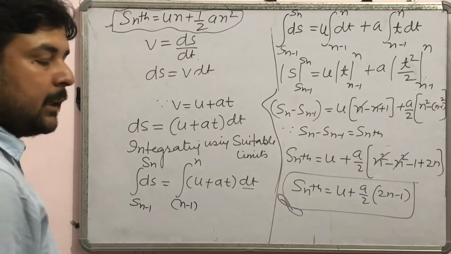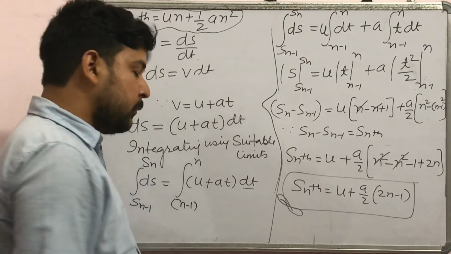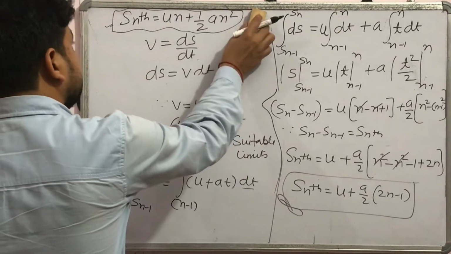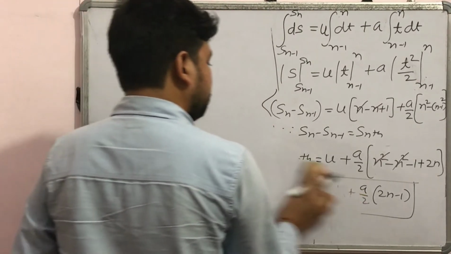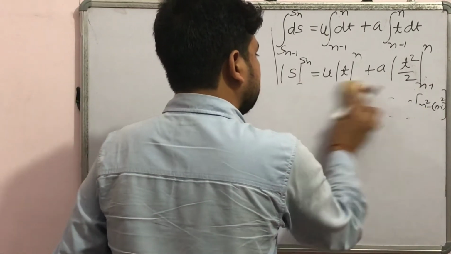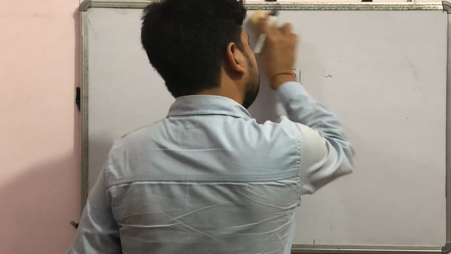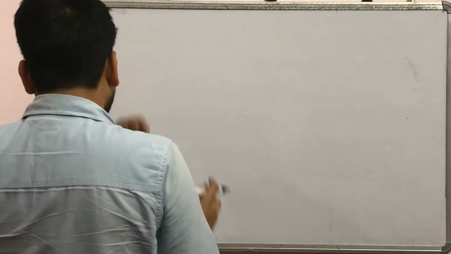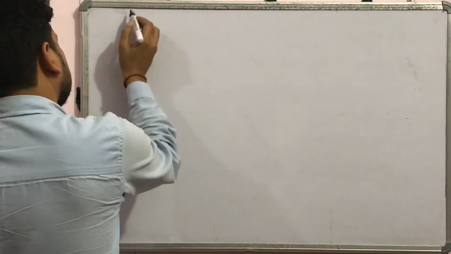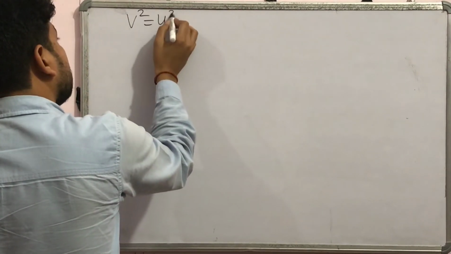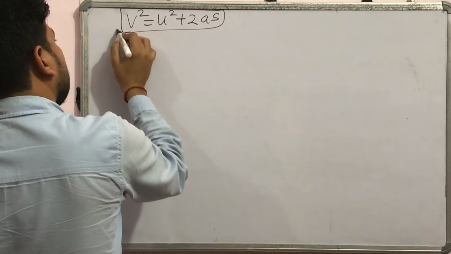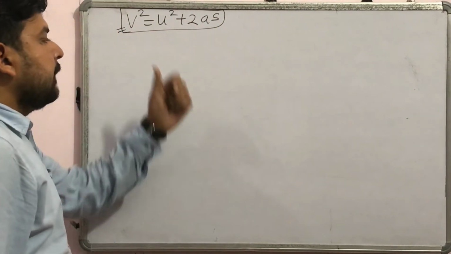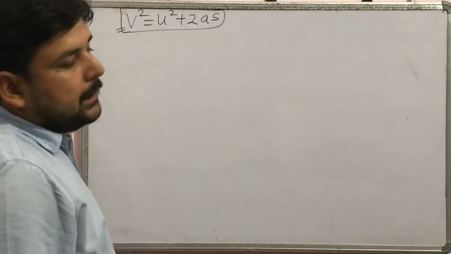Now we will derive the third equation of motion, that is v square equals to u square plus 2as. In order to derive this equation, we have to eliminate time.